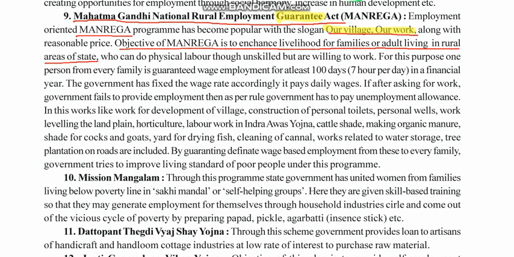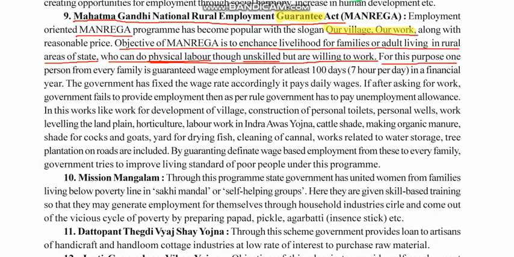See, what is the objective? To provide livelihood for families and adults living in rural areas who can do physical labor, though unskilled, and are willing to work. Such people are taken for work and they are paid for it.